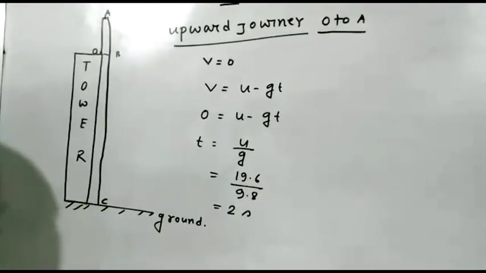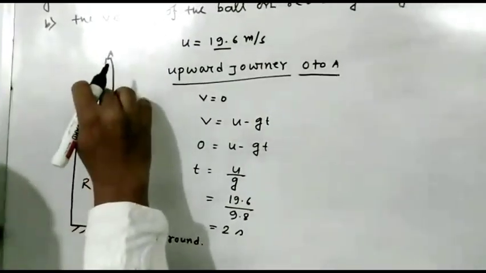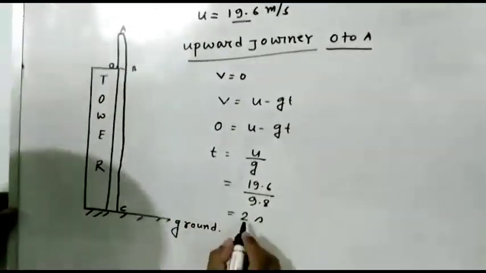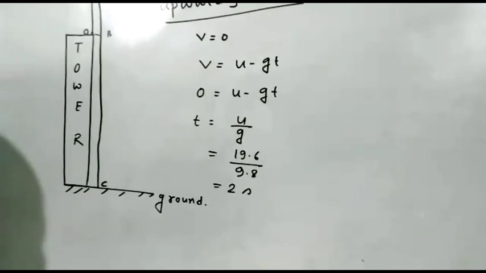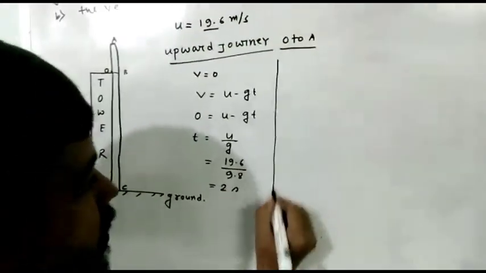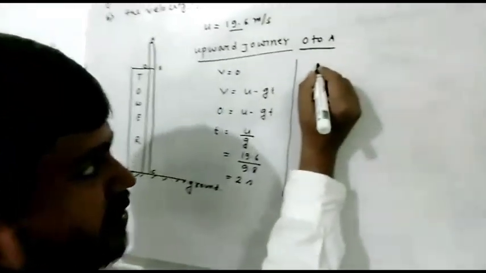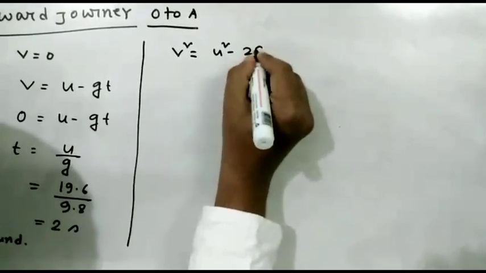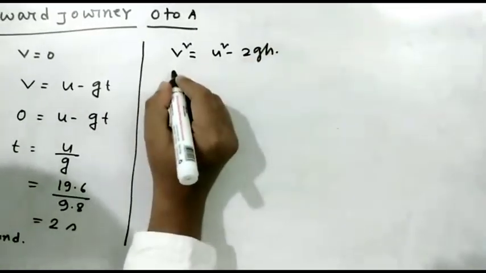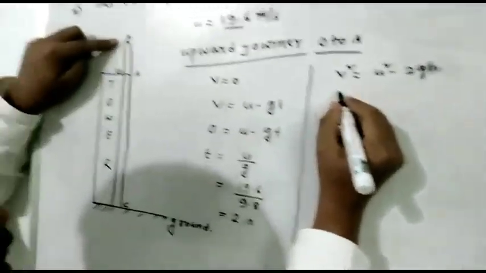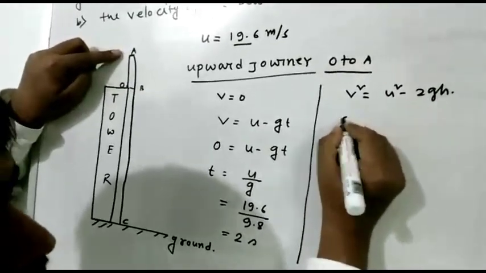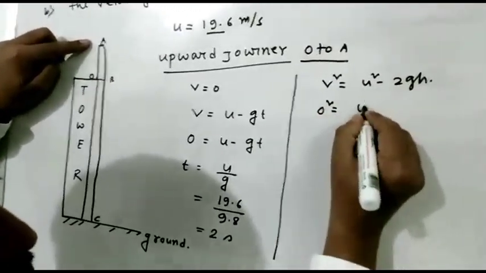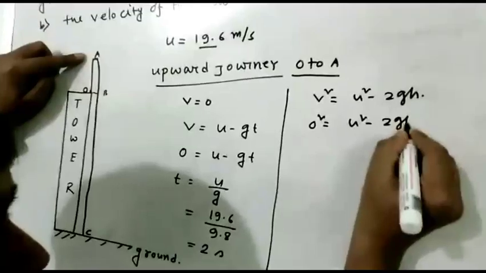So the time taken to move from point O to the point A equals 2 seconds. Okay. Next we find the height from O to A. For that we use the third equation of motion, v square equal to u square minus 2gh. When the particle reaches the point A, the final velocity v is 0. So 0 square equal to u square minus 2gh.